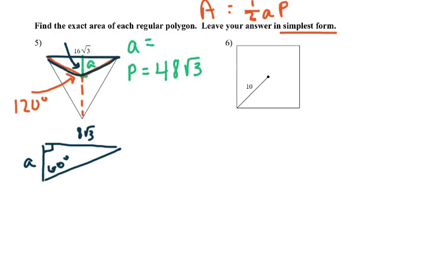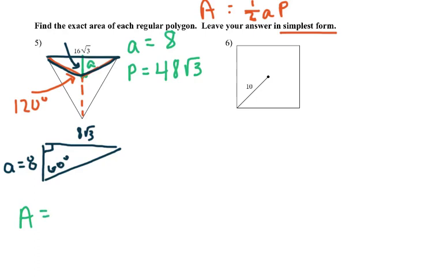If this is 8 root 3 and that's the long leg, then for the apothem you divide by root 3 and you get that the apothem is equal to 8. Okay, so now we finally have our apothem, and we can find the area of this polygon.